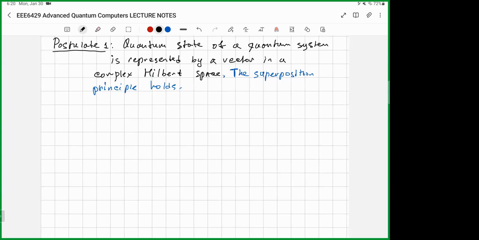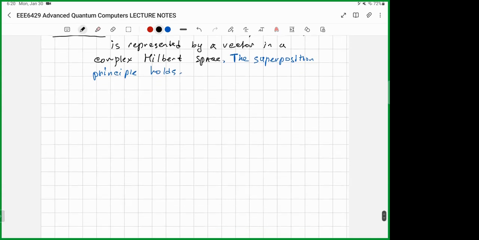So please don't ask me what this vector basically is, what this vector state is. The answer is that we still don't know.